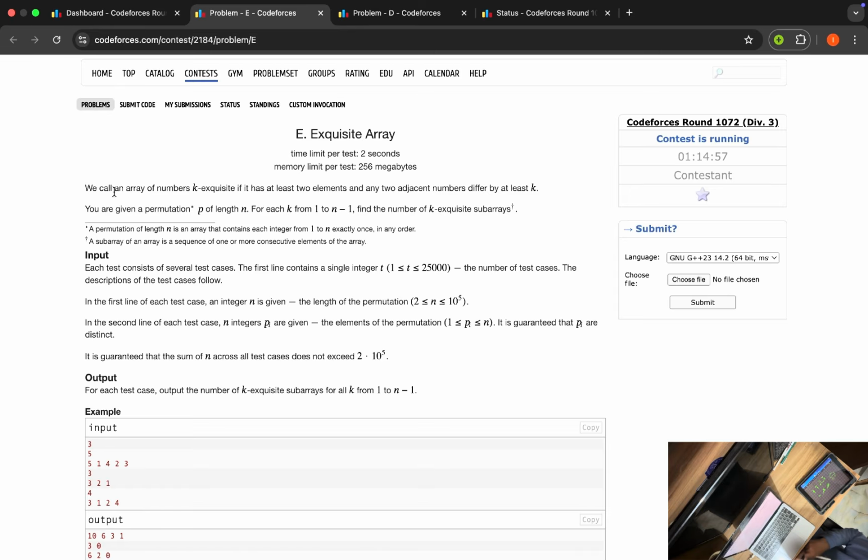We call an array of numbers k-exquisite if it has at least 2 elements and any 2 adjacent numbers differ by at least k.